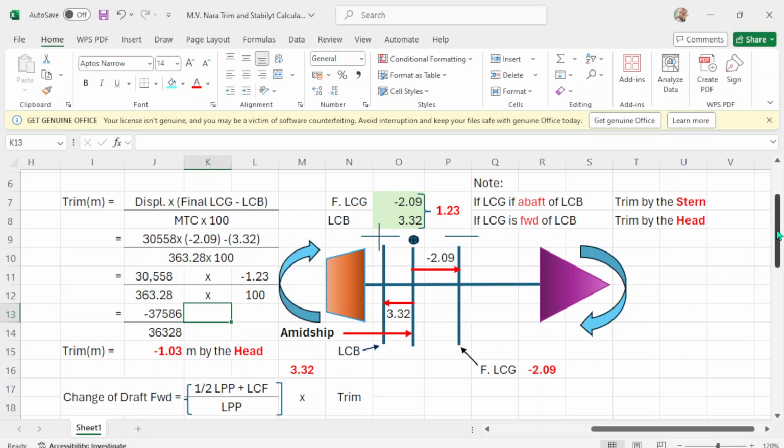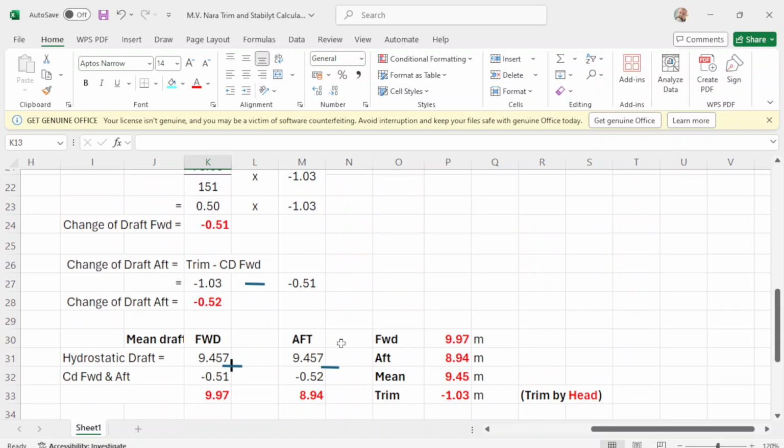So what you do is your up drop, apply your change of drop up, which is 0.52, you subtract the change of drop up from your mean drop of 9.457, and the resultant will be 8.94. Okay, so you take note that you have more drop forward and less drop up, meaning you are trimmed by the head. Okay, so this is your forward of 9.97, up is 8.94, and your trim is negative 1.03.